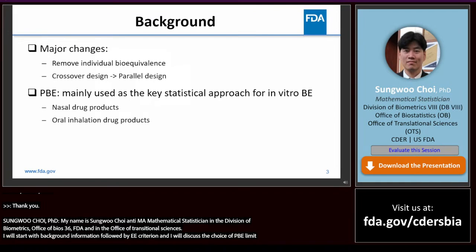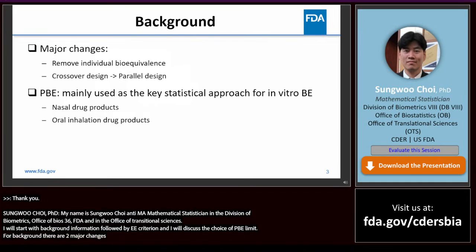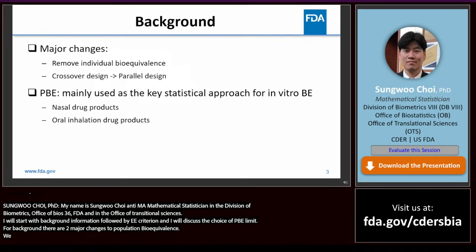As a background, there are two major changes to population bioequivalence in the updated draft guidance. First, we removed the individual bioequivalence approach because it is not currently used in the regulatory setting. The second change is the statistical design.